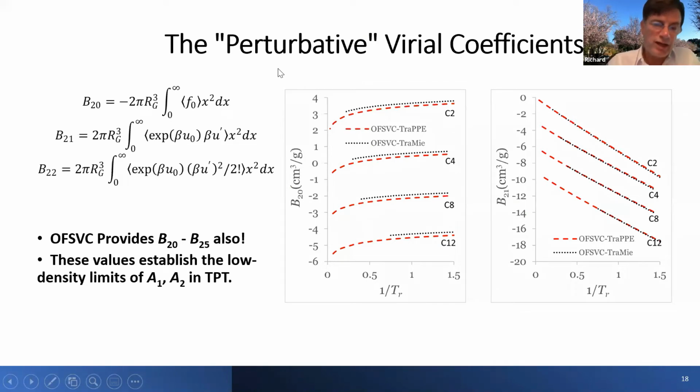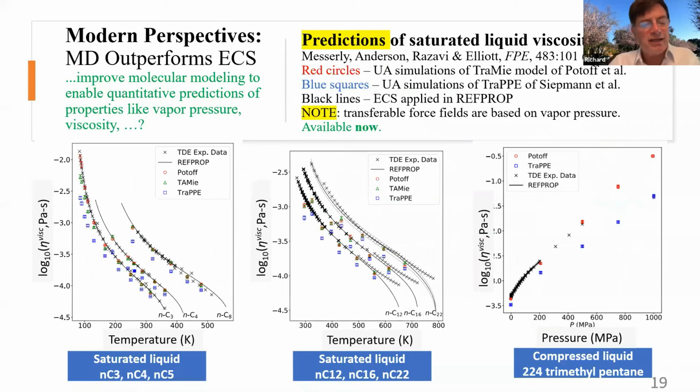Well, one of the things you get from that on-the-fly virial coefficient method is the perturbative virial coefficient. So you can break down the force field into its repulsive and attractive parts and evaluate them separately. That comes in handy in a second because what we've done here is we've predicted viscosities using the force field that was characterized based on vapor pressure.